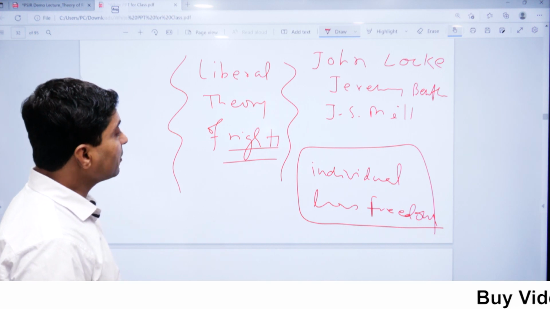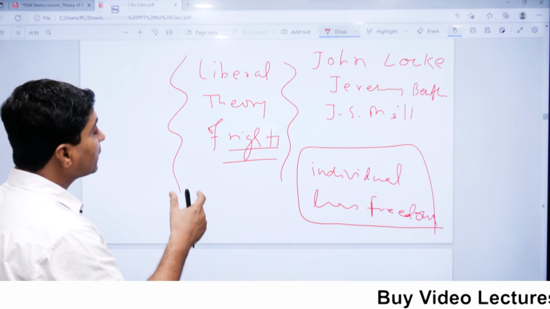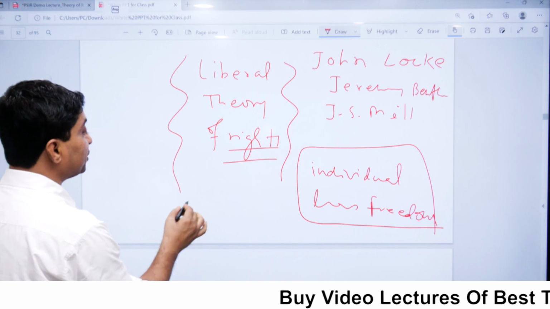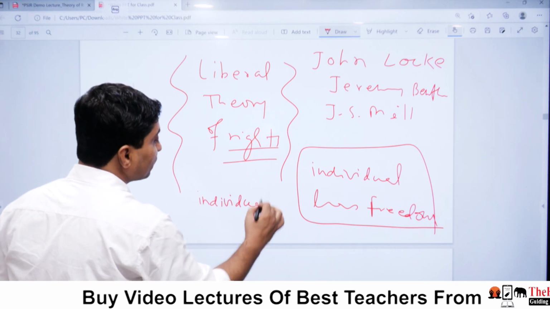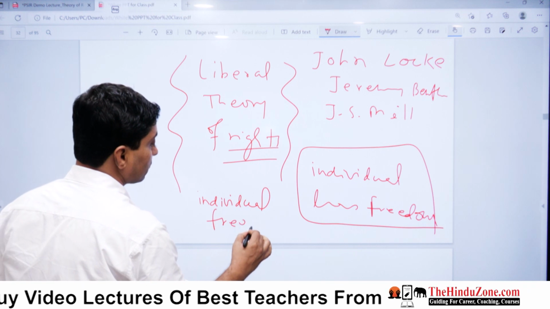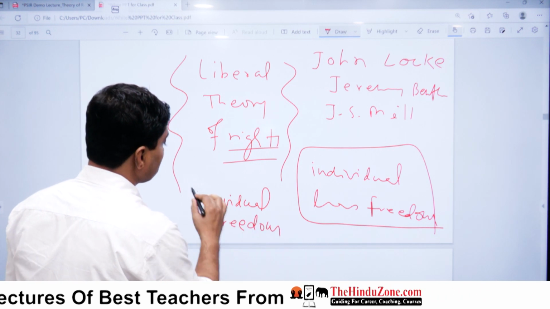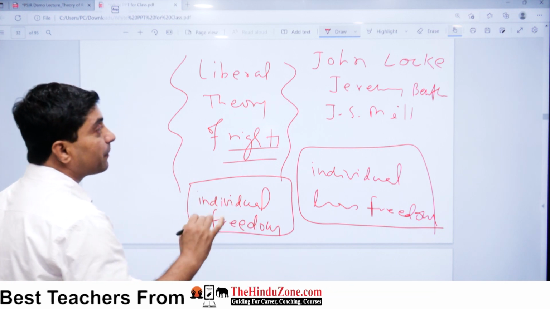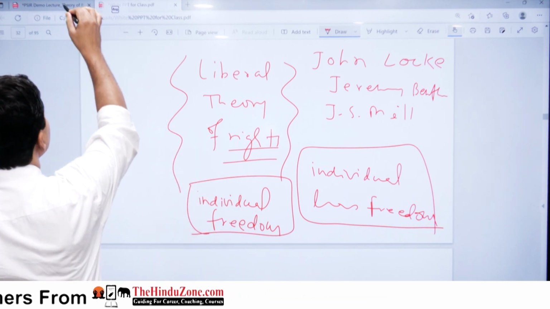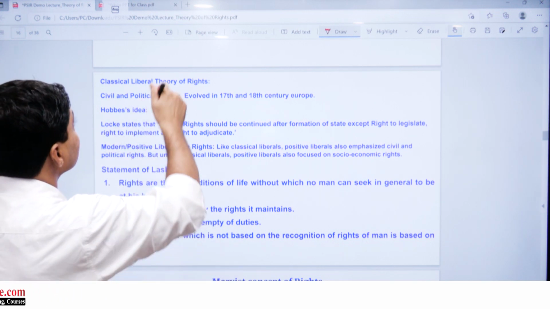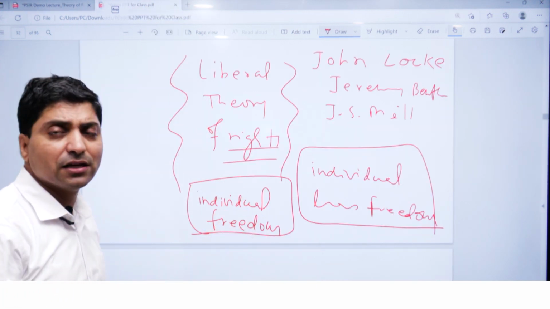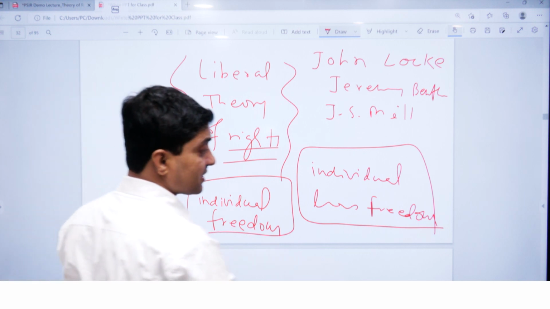And they give priority to individual freedom. That is their basic idea. And they said that a state must be limited.